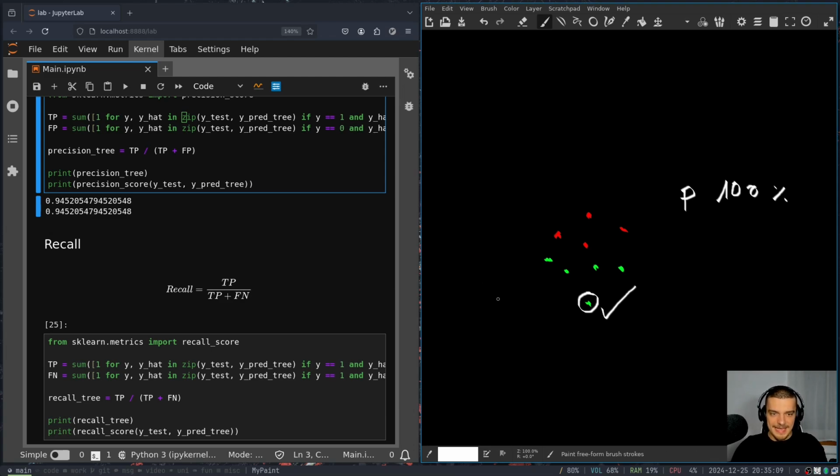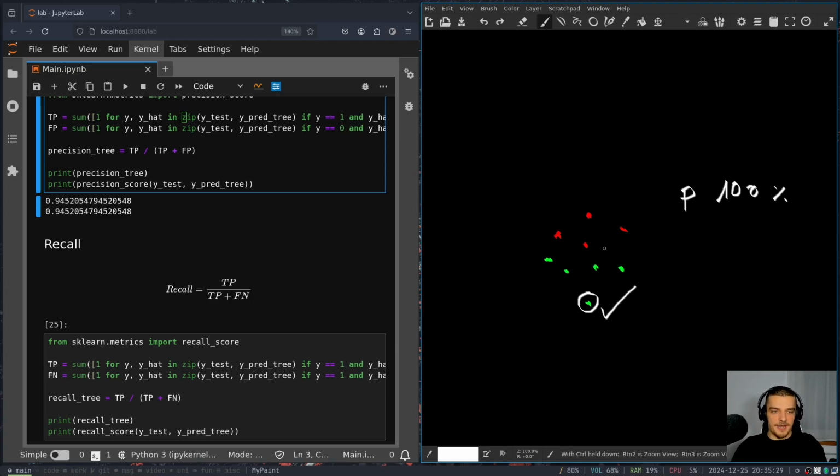100% of the time. However, my recall is not that good because I have actually 5 instances. So my recall here would be 20% because I have 5 positive instances and I classified only one of them as positive. So I missed 80% of the data that I should have classified as positive.